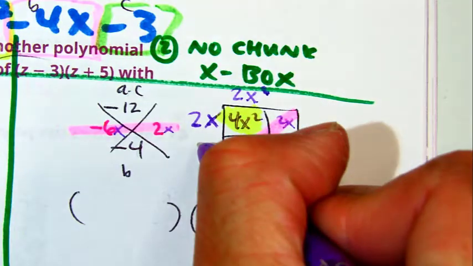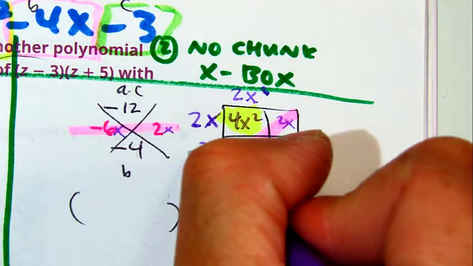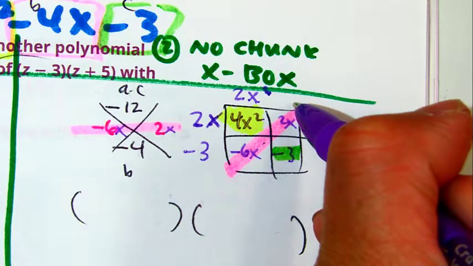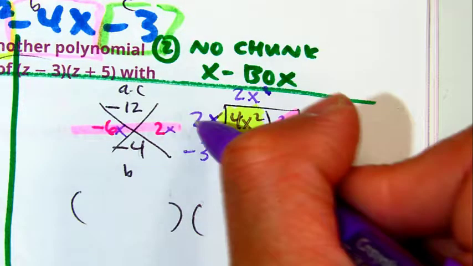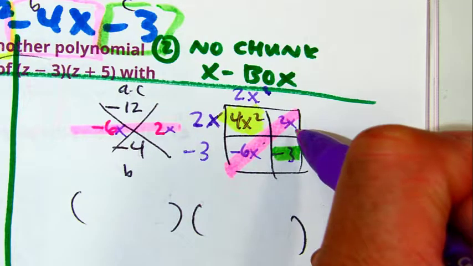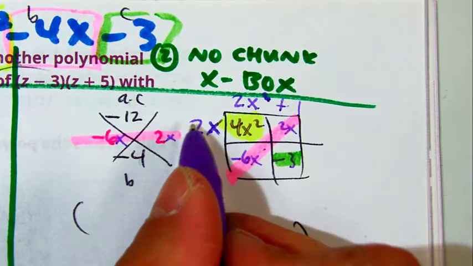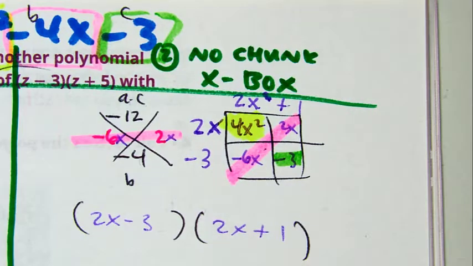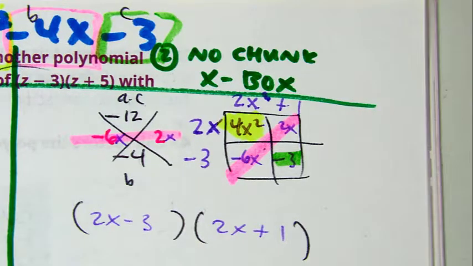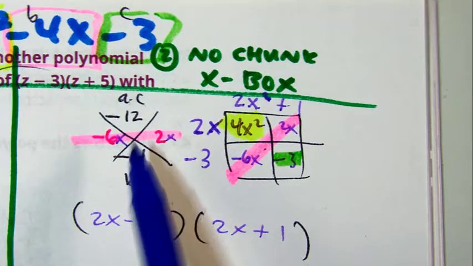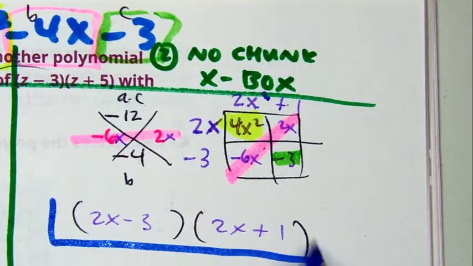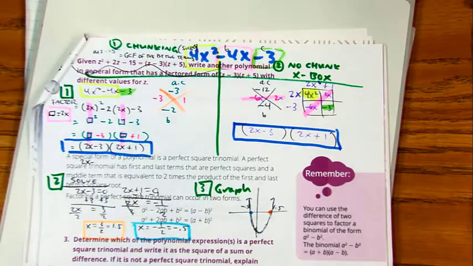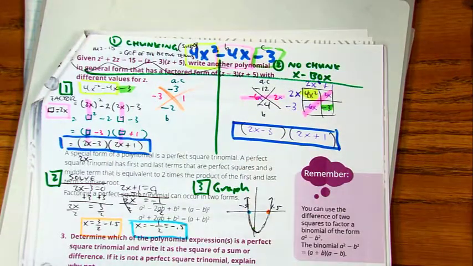Positive or negative? And over here. Something times 2x equals 2x. Yeah, 1. So I'm going to have 2x minus 3, 2x plus 1. Raise your hand if you got that. Good. And what did you guys recognize if you no chunk but x box? Your answer is the same. What does that mean? Do you have to use the chunking method? No, only if it makes more sense to you.